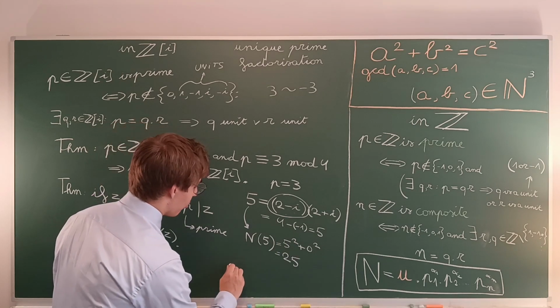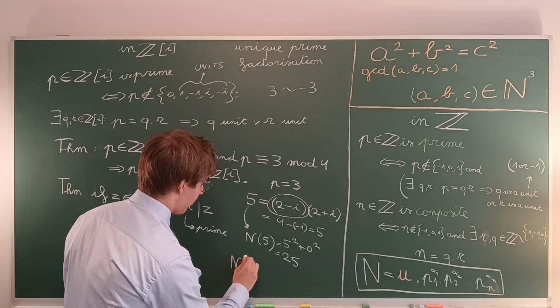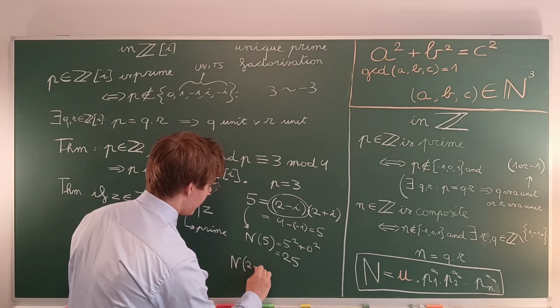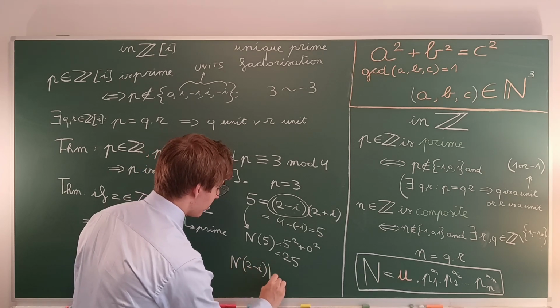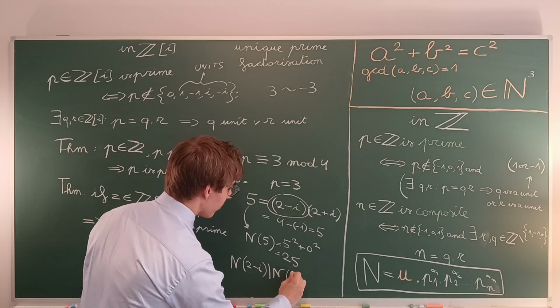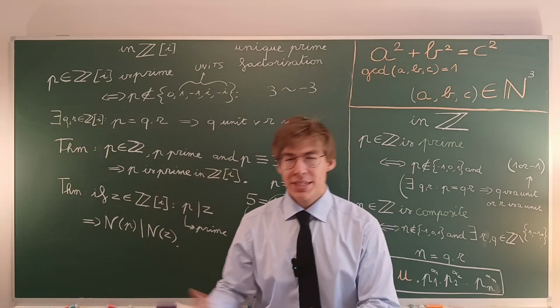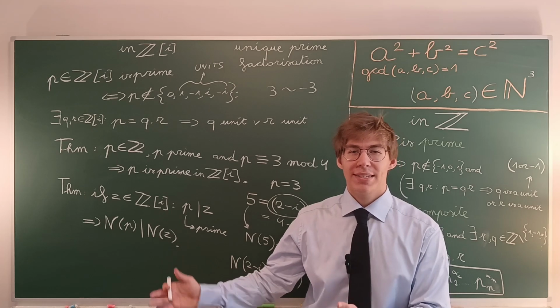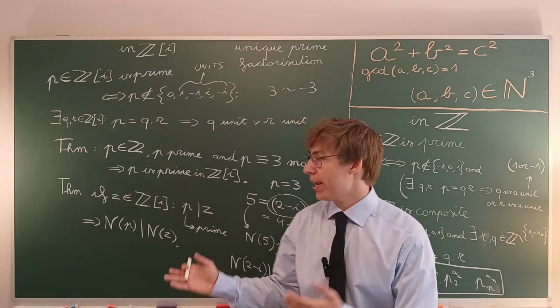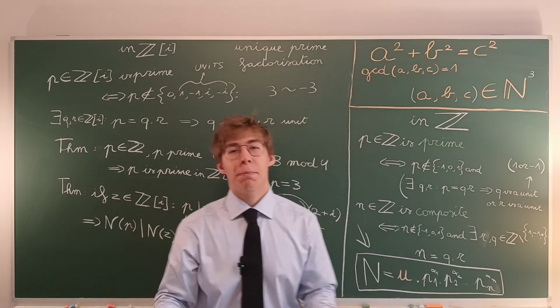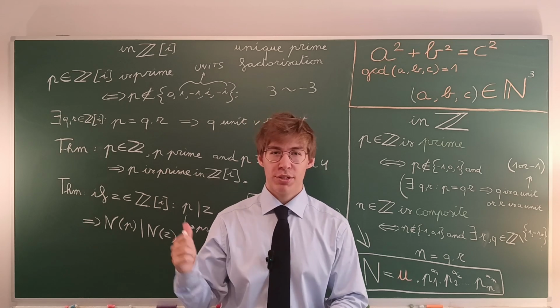So we see that the norm of 2 minus i divides the norm of the number 5. But since the theory may be a bit complicated, I will give 3 examples where I calculate the unique prime factorization of Gaussian integers.